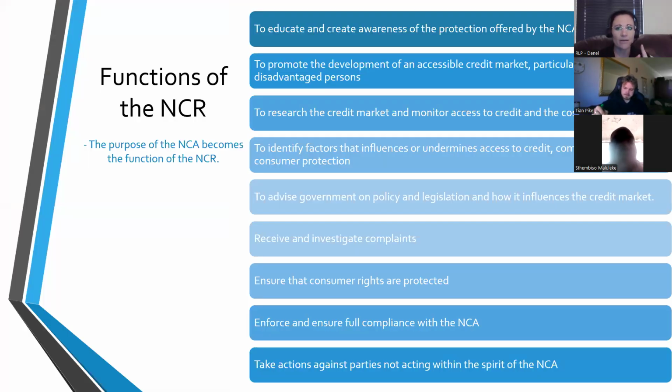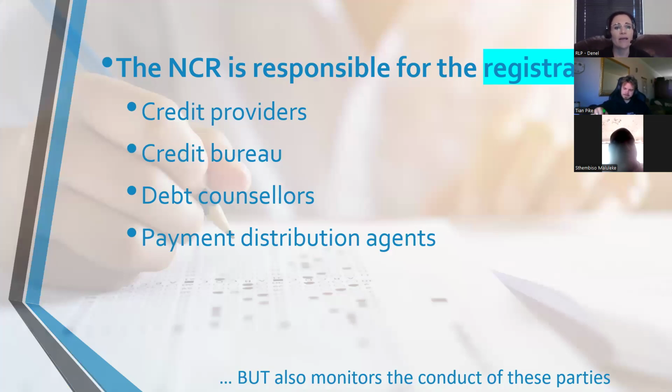Now, I just want to go back, guys. Do you remember here on this slide where it says that the National Credit Regulator is responsible for the registration of all of these role players? Okay. Tomorrow in the exam, they give you this exact question, but the options they give you is, what is the responsibility of the National Credit Regulator?